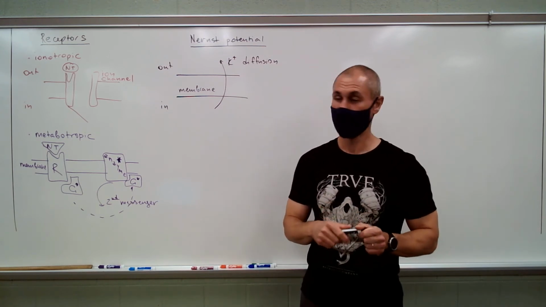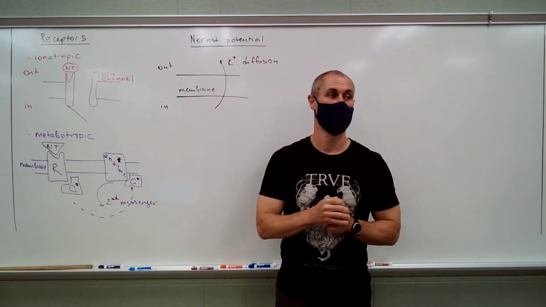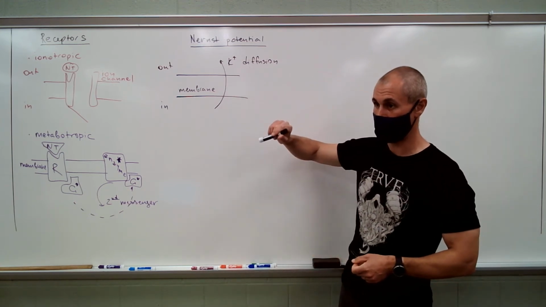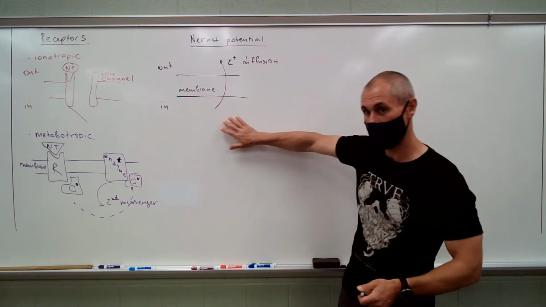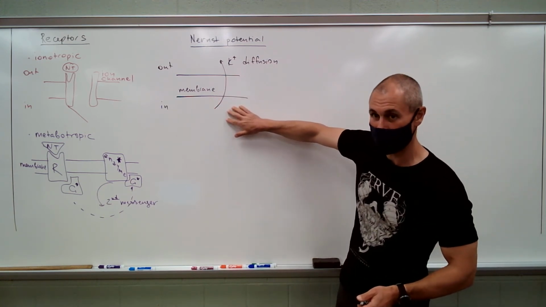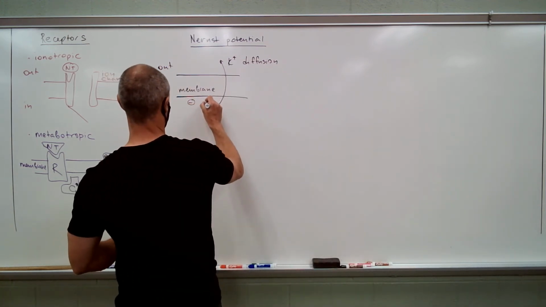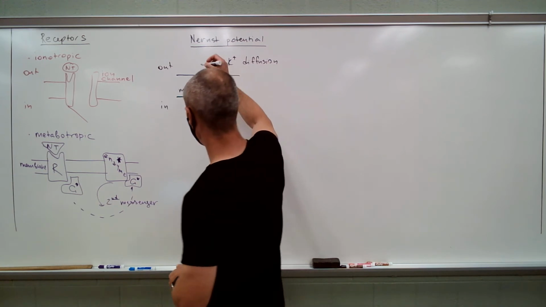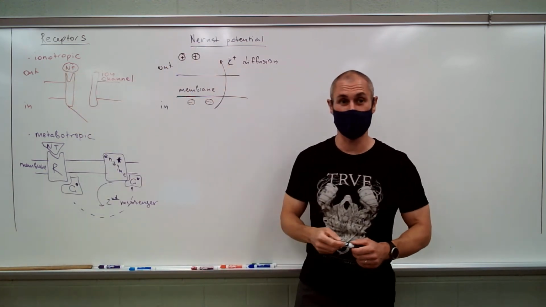Am I clear? How is potassium charged? Positive. So when positive ions leave this area, what kind of charge accumulates here? Negative. So we've got a bunch of negative charges here, and you've got a bunch of positive charges here. What do positive and negative charges do?